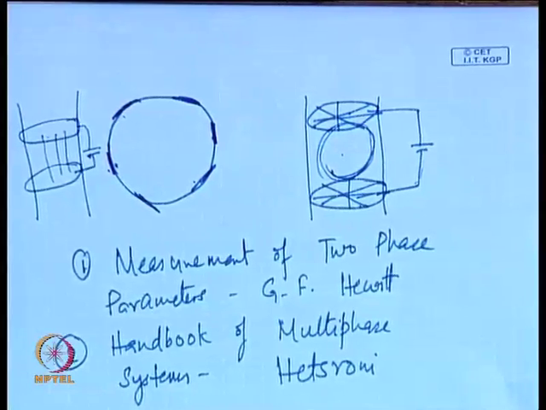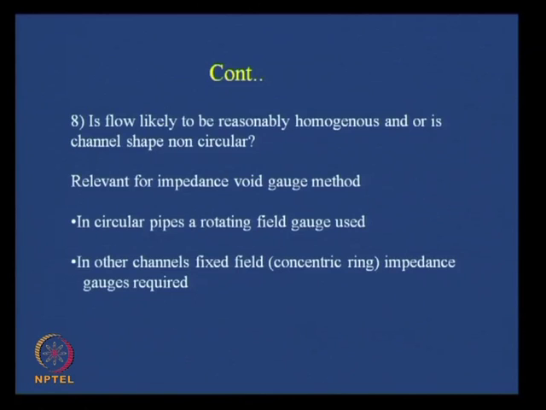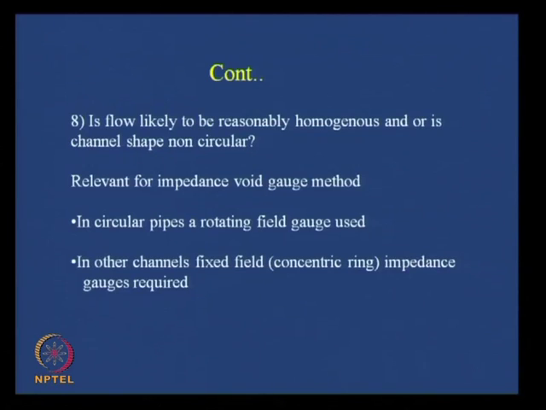Well, with this we conclude the void fraction measurements. We find that in void fraction measurements, the most important techniques are volume measurement, radiation techniques, which can be absorption, scattering to some extent, or emission of a consequent radiation, and impedance gauges.